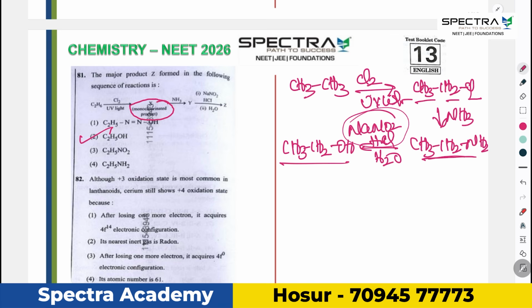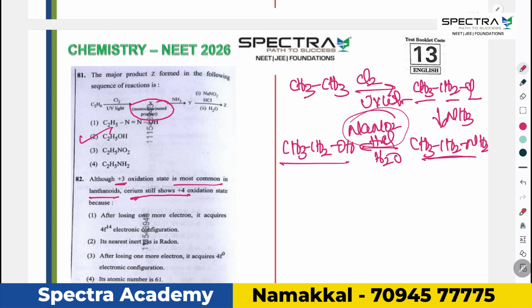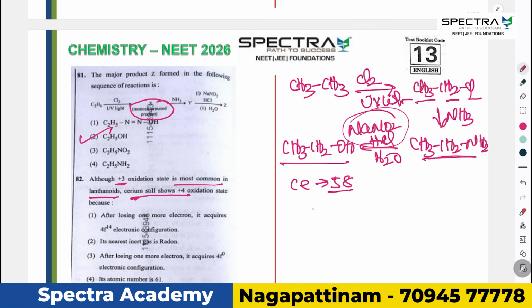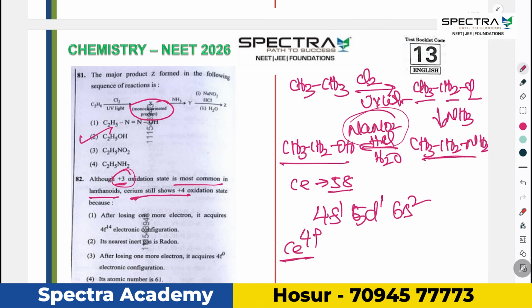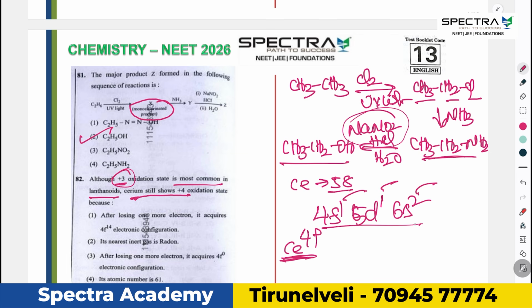Okay, 82. Although the +3 oxidation state is more common in lanthanoids, cerium still shows the +4 oxidation state. We know cerium's atomic number is 58, and the electronic configuration is 4f1 5d1 6s2. Here Ce4+ is given. The common oxidation state is +3, but here +4, because after losing all 4 electrons it obeys the xenon configuration.